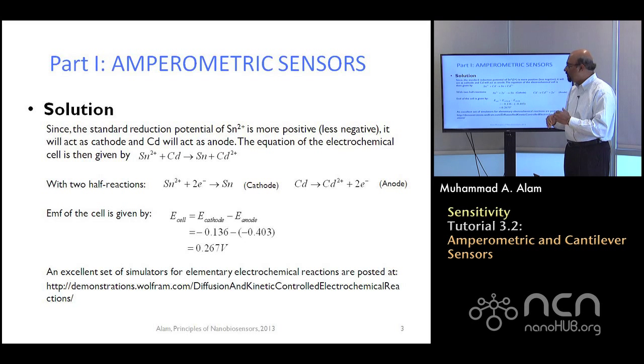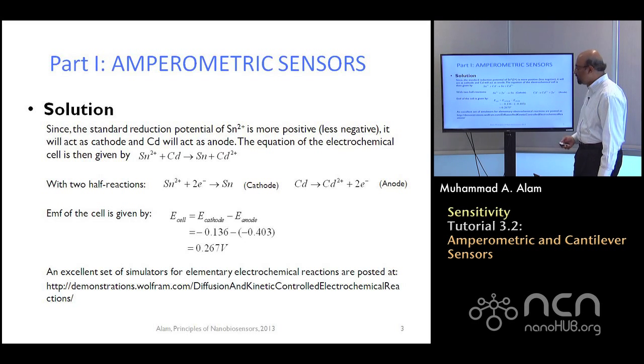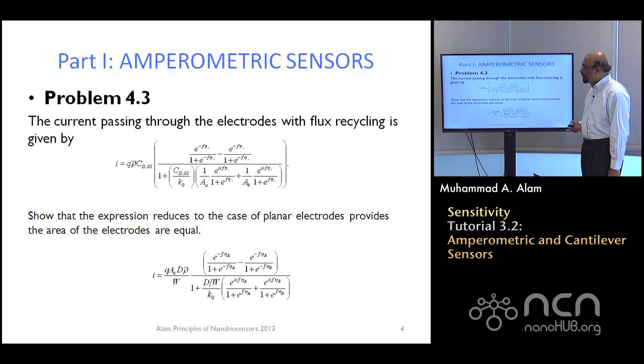And once you have looked up from the handbooks or from Google these respective numbers, then you can decide which one is anode and which one is cathode, which one wants to accept electrons and which one wants to donate electrons. There are various sources from which you can get more insight into this problem. All right. The other problem, which is 4.3, was associated with current passing through an electrode of complex geometry.